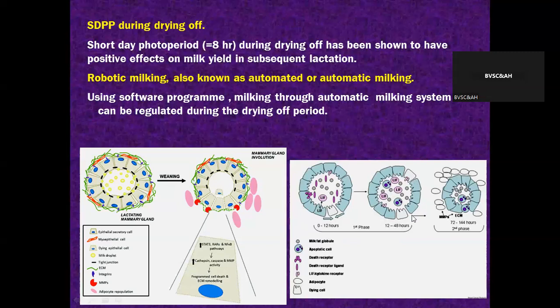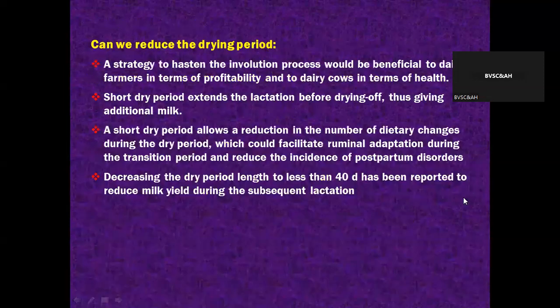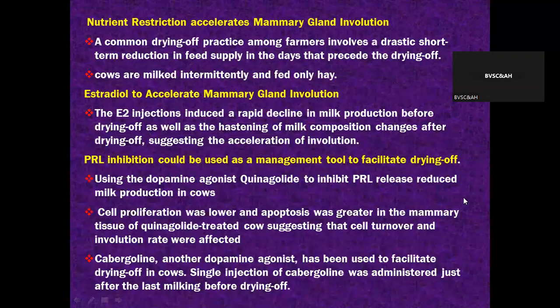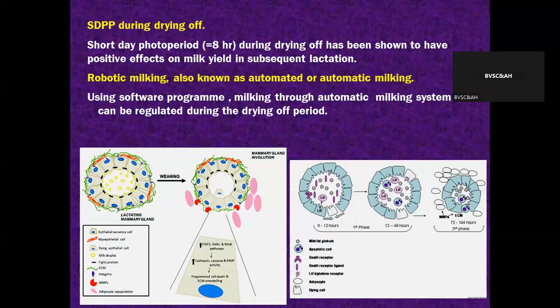These are almost the dying cells here. Afterwards, during the drying period, this will increase, MMPs will increase, dead cells will be there. You'll find adipose tissue will be established, and tight junctions will be lost, and this is what we name involution.